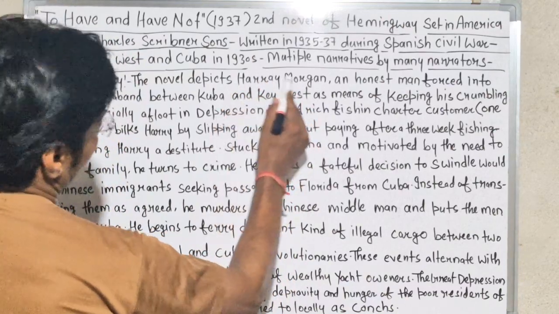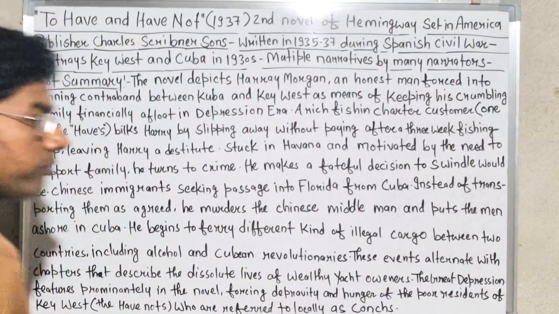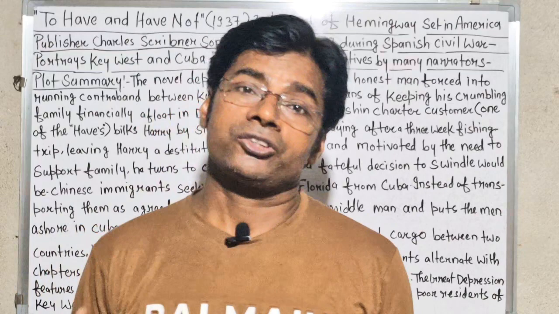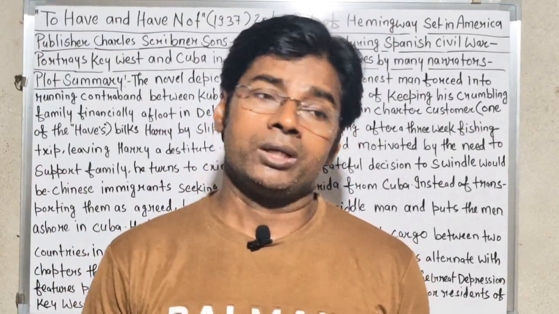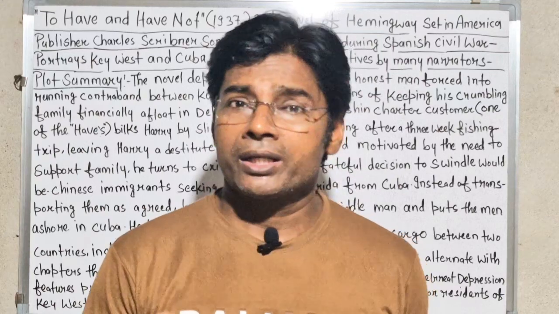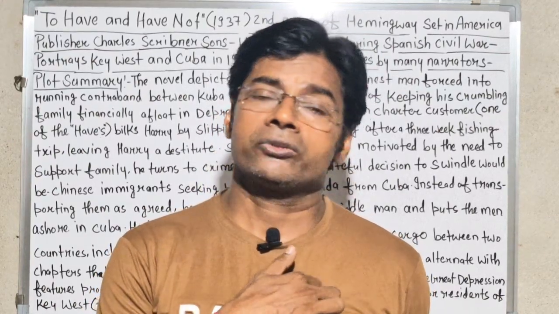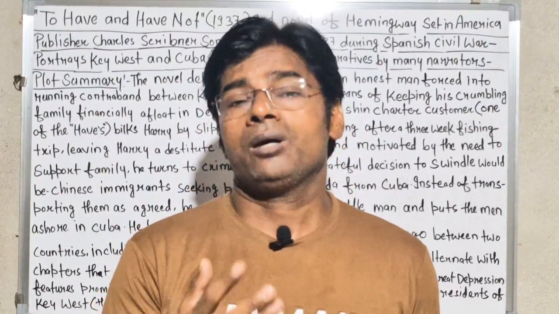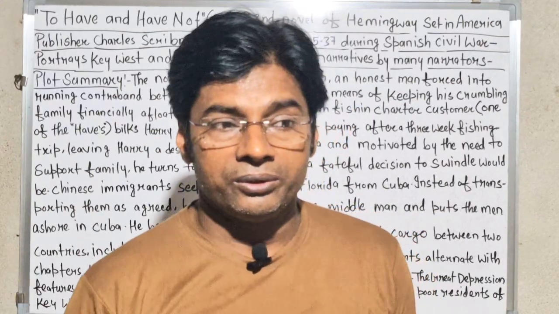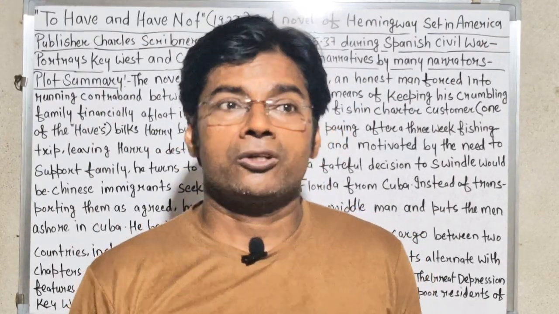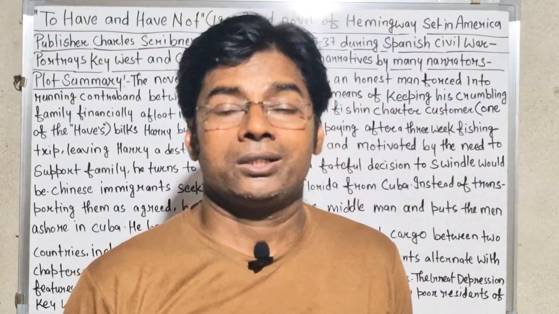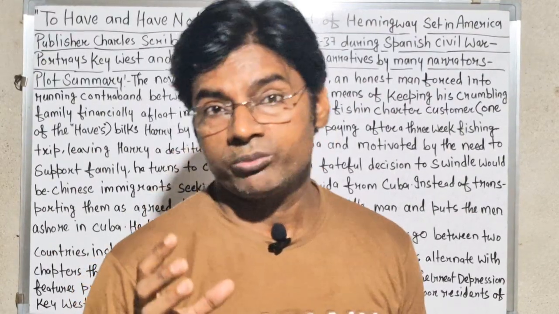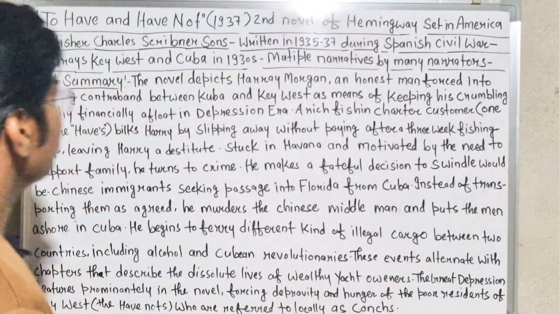Remember this, Harry Morgan is the central character of this novel. And second thing, I'll rush a little bit fast. I'll try to be precise, because time and again I get a complaint or suggestion from you that my explanations or videos become long. So I'll try my best to be precise.